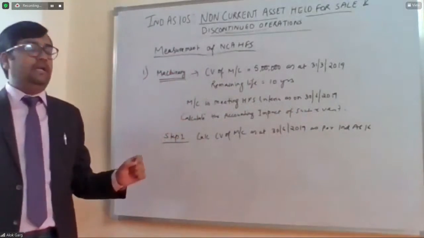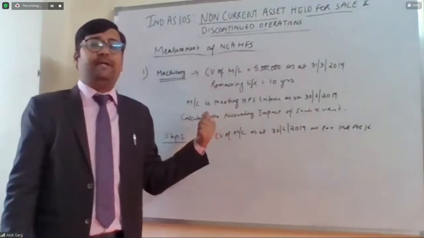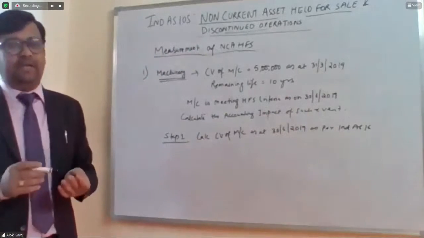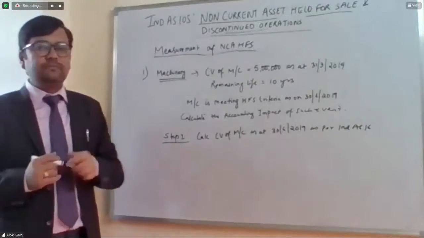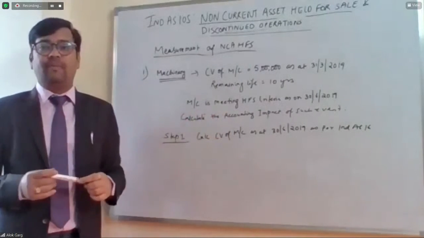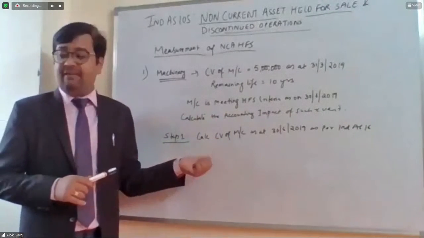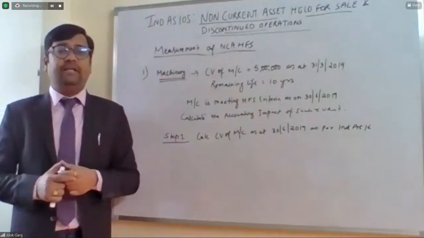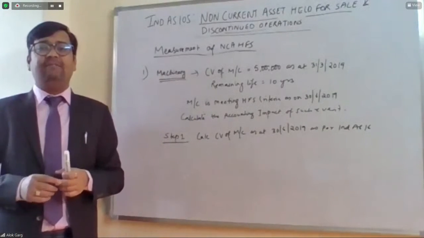Had this machinery been an investment property, the carrying value would be calculated as per IND AS 40. So what will be the carrying value? Ambika, what is the carrying value? Purushottam, what will be the carrying value on 30th June 2019? What is the carrying value?